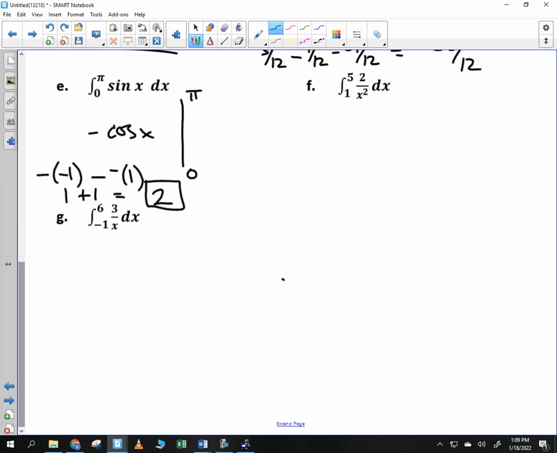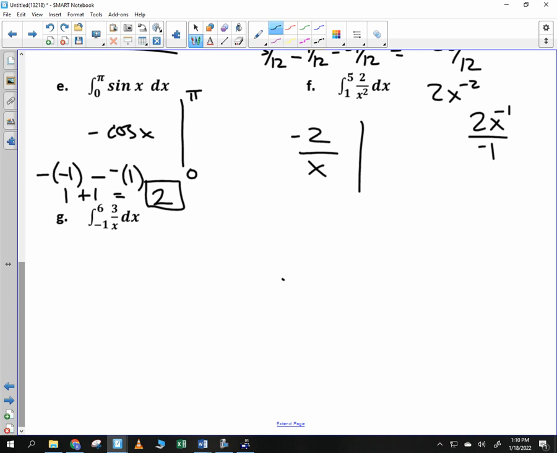Two more. I got 2x to the negative 2. What's the antiderivative? The antiderivative of 2x to the negative 2 is 2x to the negative 1 over negative 1. Yes? So I would have negative 2 over x.